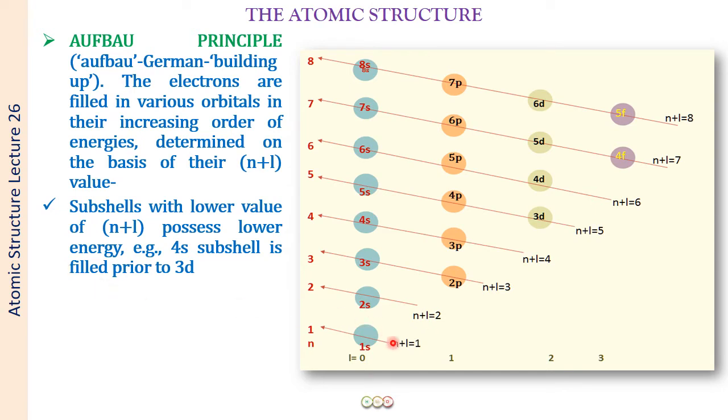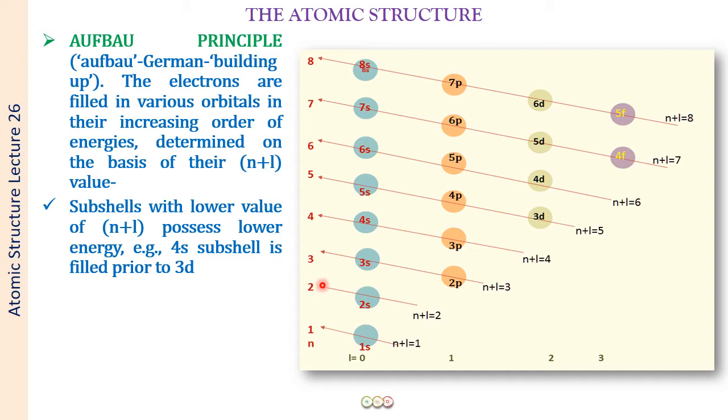So we will start with the lowermost n plus l value, that is 1. We start from the tail of the first arrow and move in the direction of the arrow. The filling of the 1s orbital is going to be first, as you remember, we did this in the energy level diagram also. Now go back again to the tail of the second arrow and move according to the arrow direction.